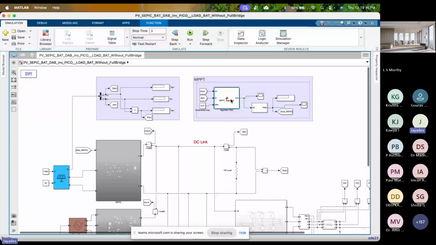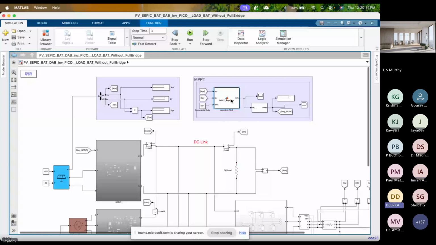My motive is, if I am installing the solar at a particular radiation value, the solar power should be maximum. Whatever the load demand, I will give maximum power from the solar only. Then I will use the other sources. Okay.